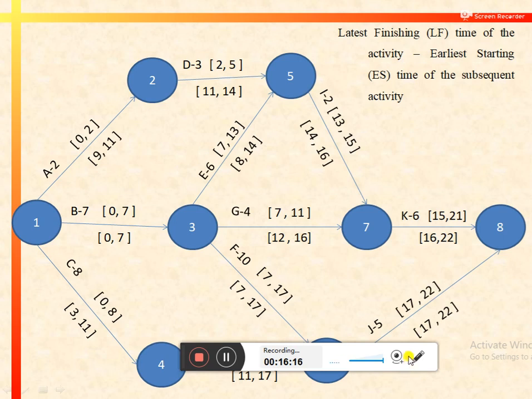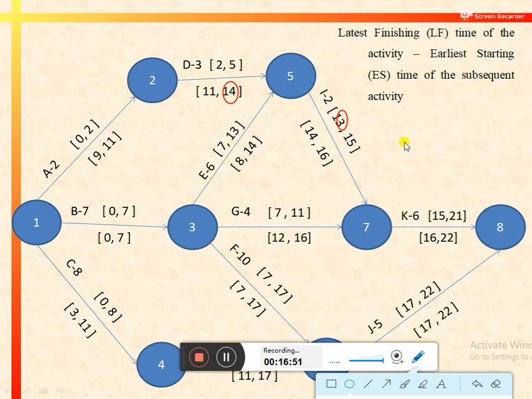Let's again take the example of activity D, and we want to calculate the interfering float for this particular activity. By applying this formula, the latest finish time for activity D is 14, and the earliest starting time for the subsequent activity is needed. Remember, activity I is the subsequent activity of D. Its earliest start is 13.